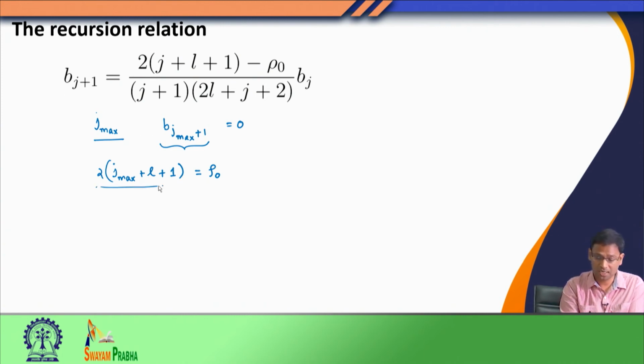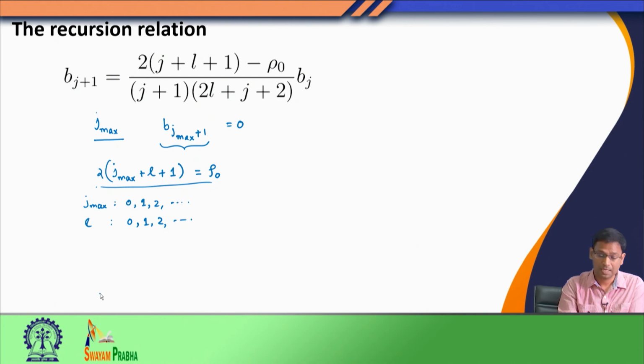Now, let us look at this term carefully. j max is going to be an integer, because j max is the maximum value of j, where j goes from 0, 1, 2 and so on. l is the orbital angular momentum of a particle moving around, so its values are all integers. Here j max can have 0, 1, 2 and so on, and l again goes as 0, 1, 2 and so on.